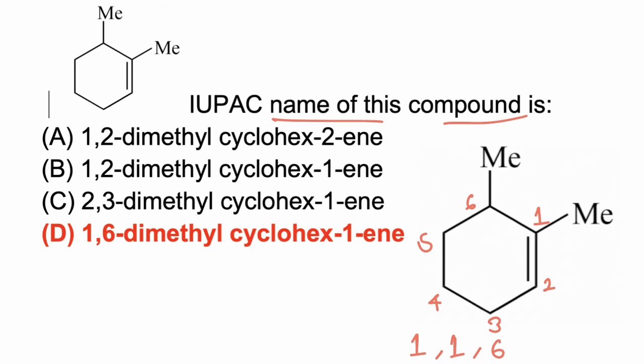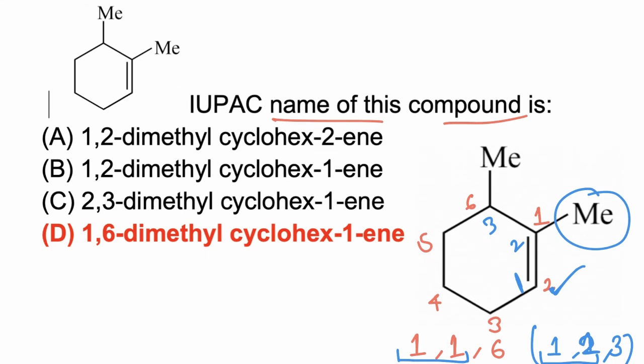If numbering is done from the other end, the multiple bond is present at the first position, one side chain at the second position and one side chain at the third position. So the set of locants we get is 1, 1, 6 and 1, 2, 3. 116 is a lower set than 123, hence this is the correct numbering, and the name of the molecule is 1,6-dimethyl cyclohex-1-ene, and hence the correct answer is D.